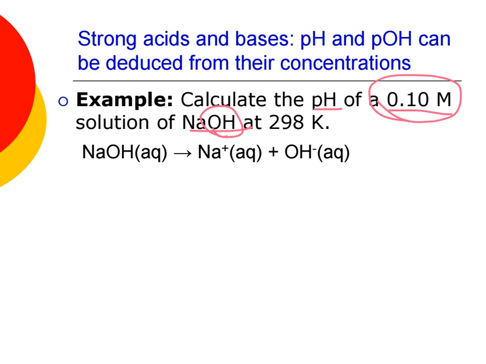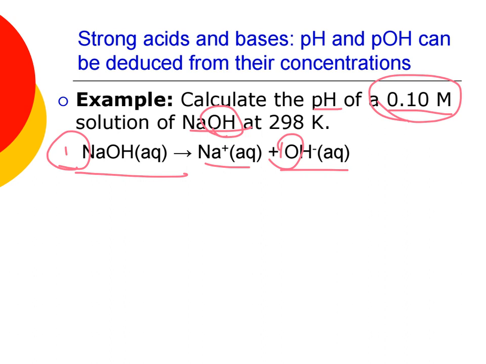If you look at the balanced equation for the dissociation of sodium hydroxide, it's going to break down into 1 mole of sodium and 1 mole of hydroxide, meaning I have a 1-to-1 mole ratio of sodium hydroxide versus the hydroxide ion. That 1-to-1 mole ratio essentially means our concentrations are going to be equal.